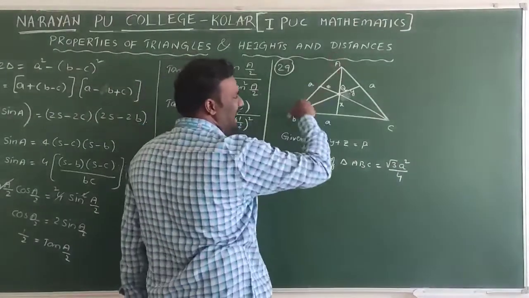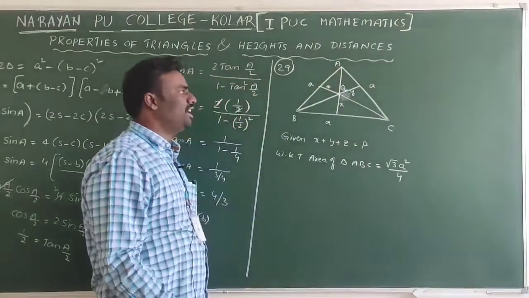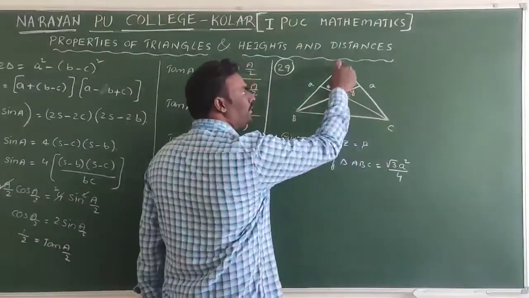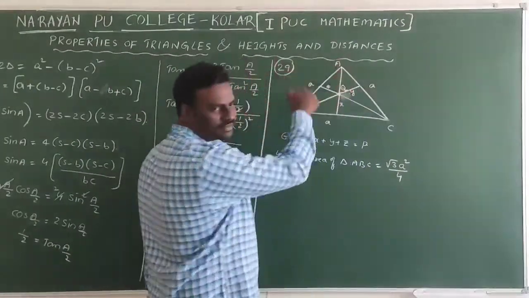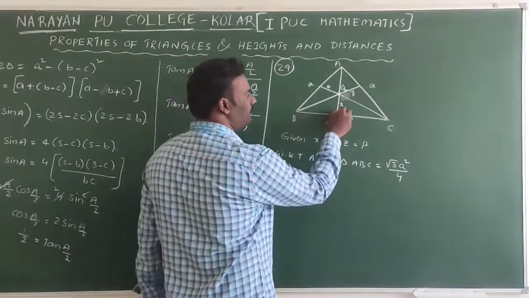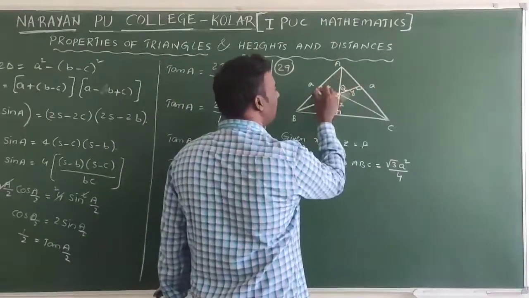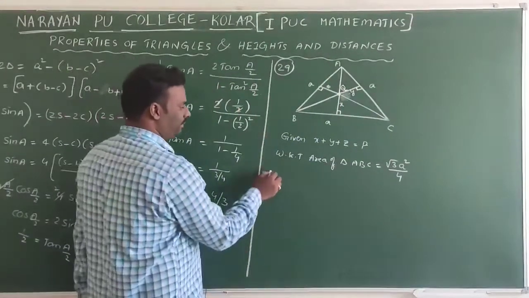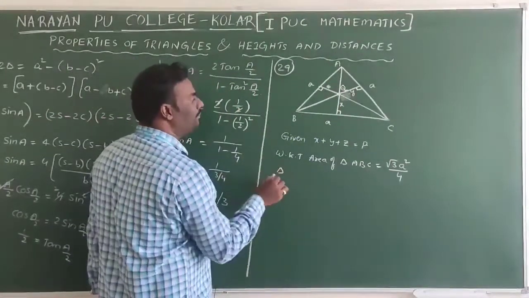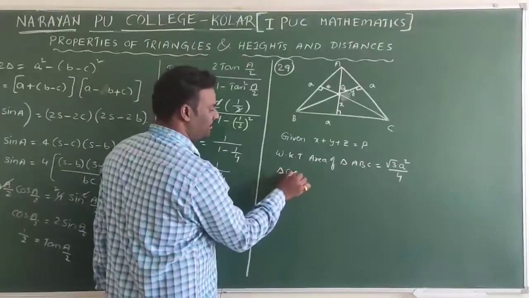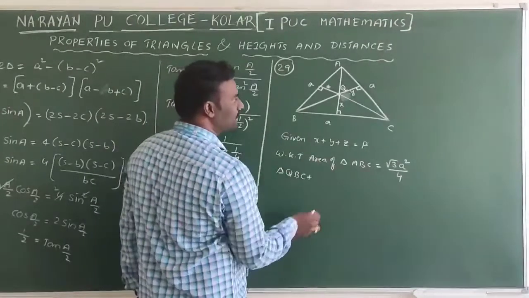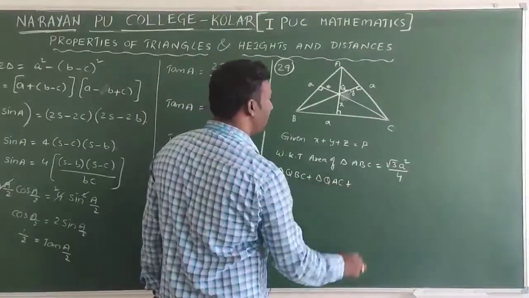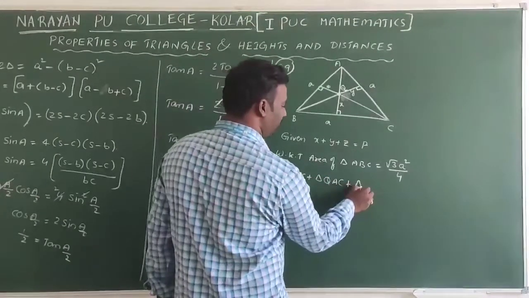This entire triangle area I am dividing into three parts: this one, this one, and this one. So this is a perpendicular, this is a perpendicular, and this is a perpendicular. This area I can write as triangle QBC plus triangle QAC plus triangle QAB.